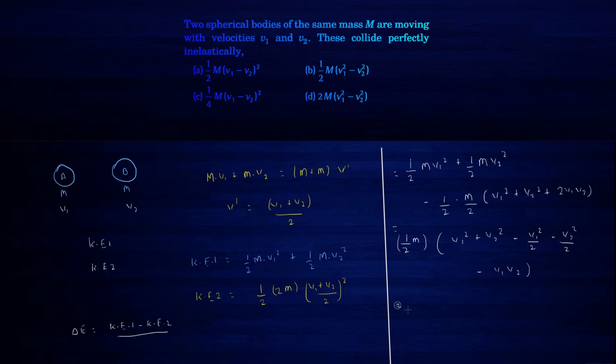So this will turn out as half m times (v1 square plus v2 square minus 2 v1 v2) by 2, which will be equal to 1 by 4 m (v1 minus v2) whole square. So this is the amount of energy lost to the surroundings due to the inelastic collision between A and B.